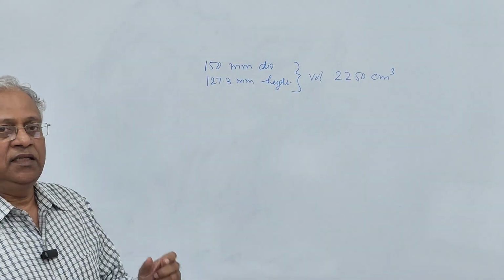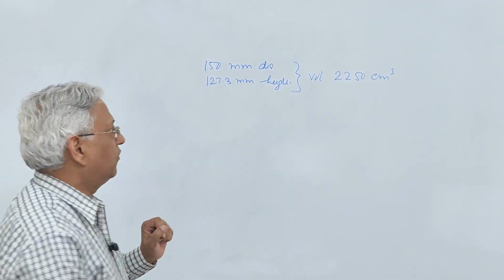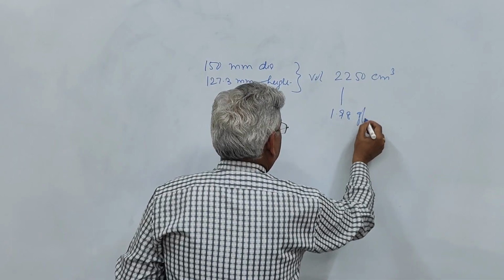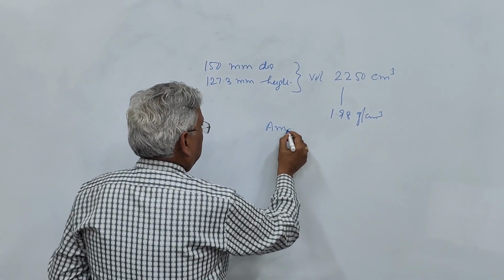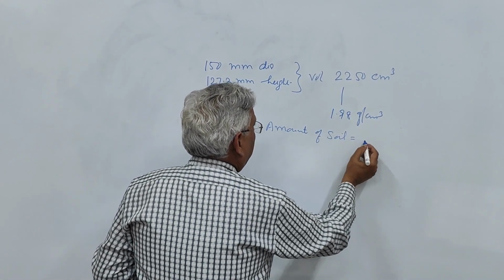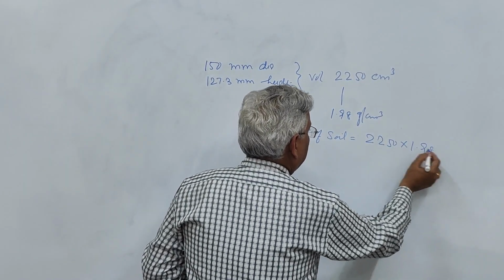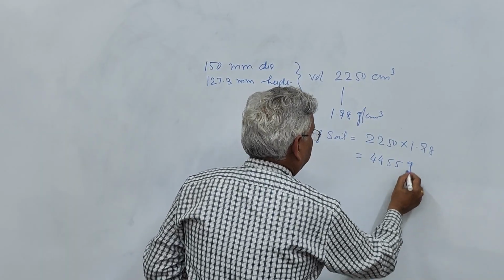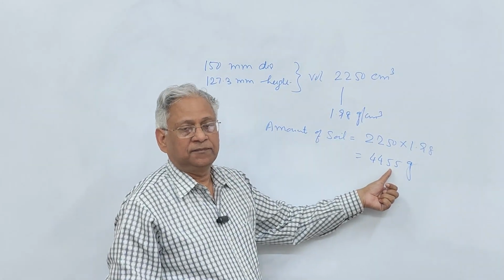And let us say that the maximum dry density from the Proctor test of a soil is 1.98 gram per centimeter cube. So the amount of dry soil required to make one CBR mold will be 2250 into 1.98, that is 4455 grams, or you can say 4.455 kg.